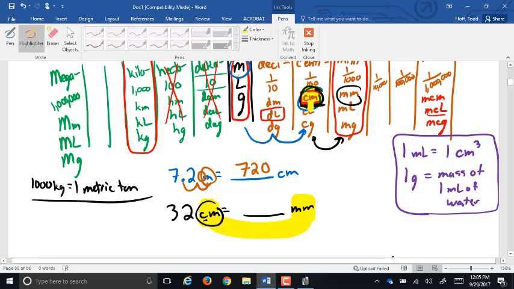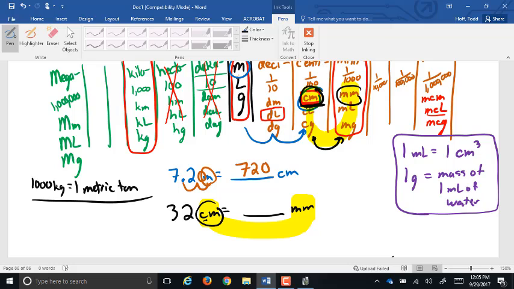So we start at centimeters and go to millimeters. So yes, one spot to the right. So my decimal point goes one spot to the right. We have to add a 0. It is 320.